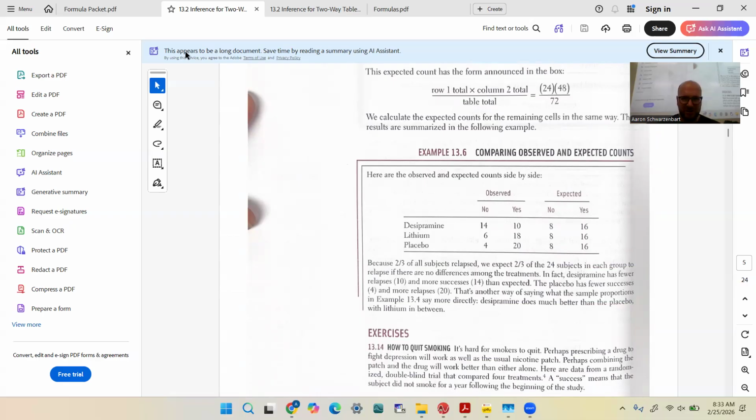I have to do this for every one of them. 14 minus 8 squared over 8 plus 10 minus 16 squared over 16 plus 6 minus 8 squared over 8 plus 18 minus 16 squared over 16, etc. That makes sense?